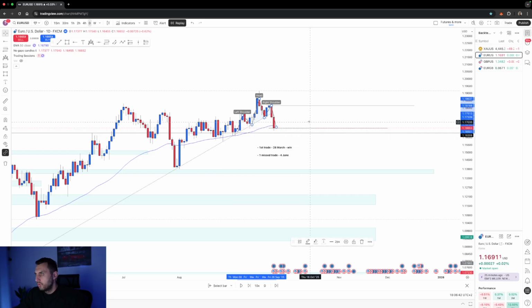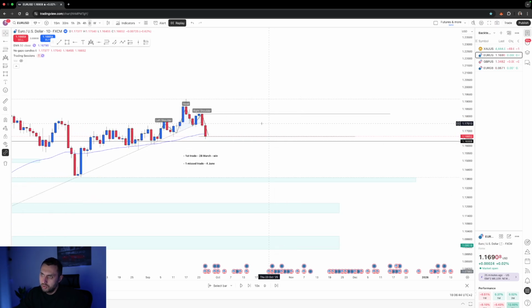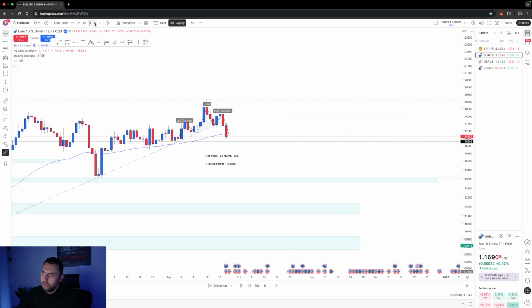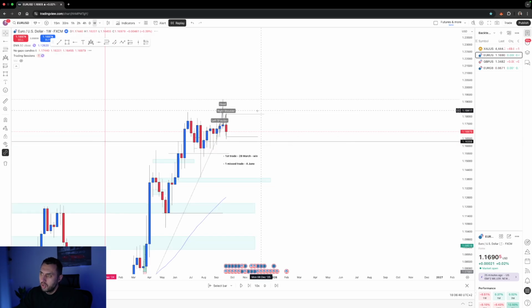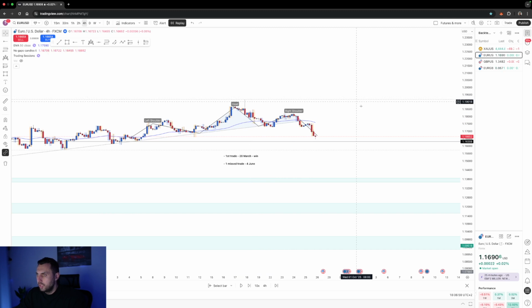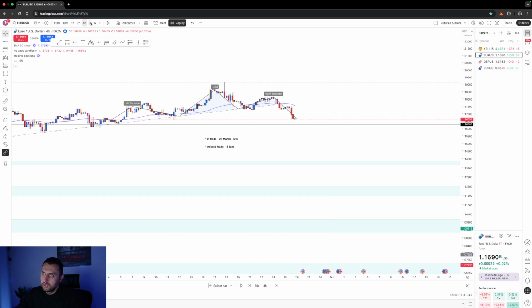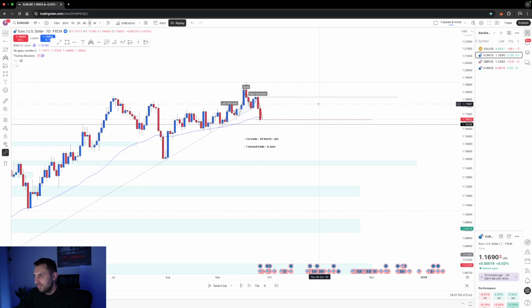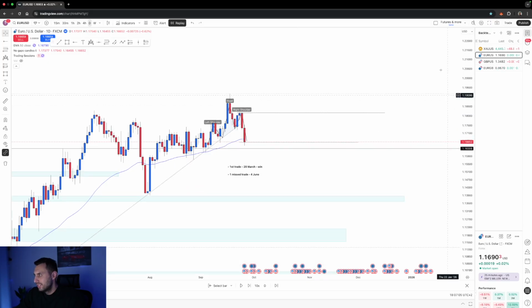Yeah, so we have a head and shoulders. On weekly, we have a rejection from this zone. We have this massive weak candle, and the 4-hour, let's see how it is. It is bearish.